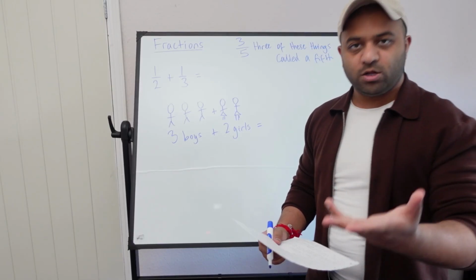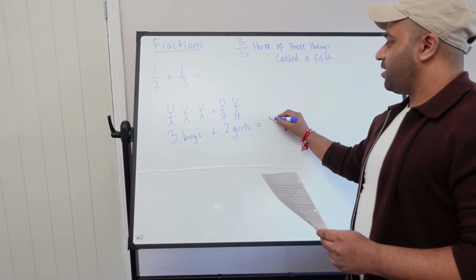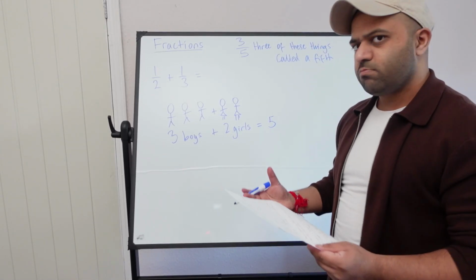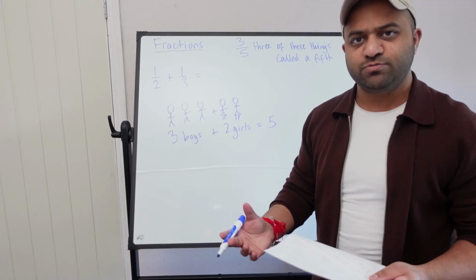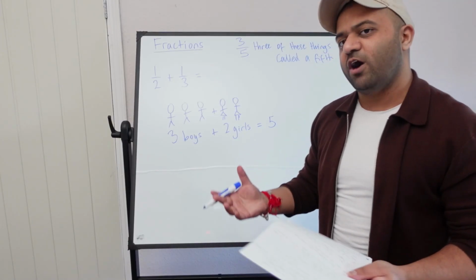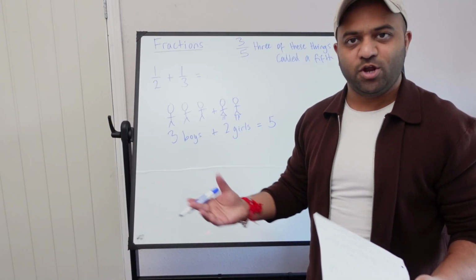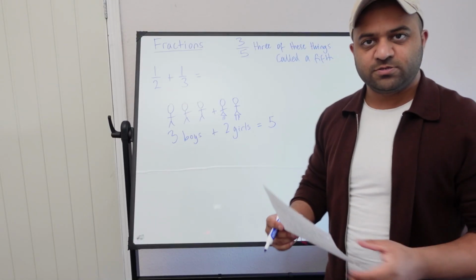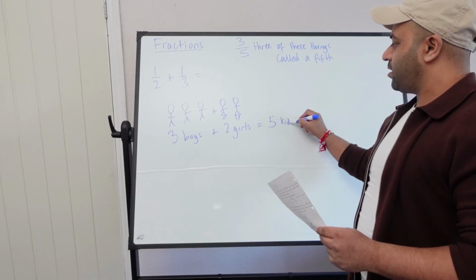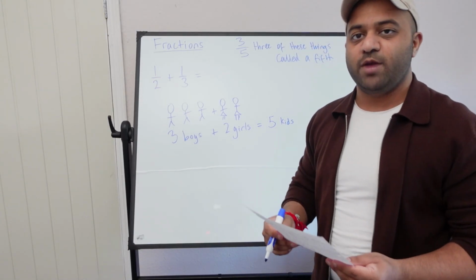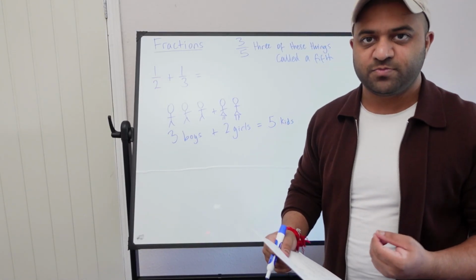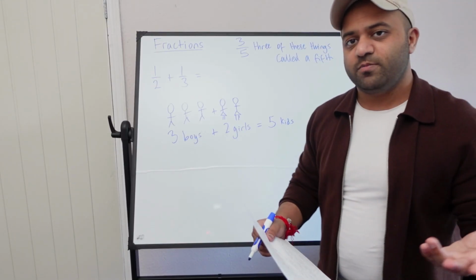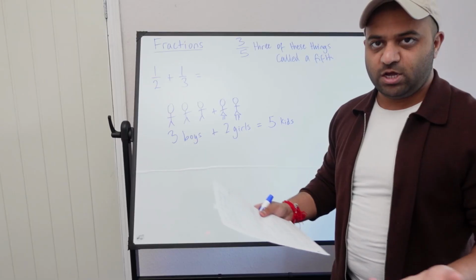But 5 what? Is it 5 boys? I don't think so. Is it 5 girls? No. Is it 5 boy-girl? No, it isn't. You may have said something along the lines of 5 kids, or some other word to describe both boys and girls. 5 people, 5 students, 5 children, something along those lines.